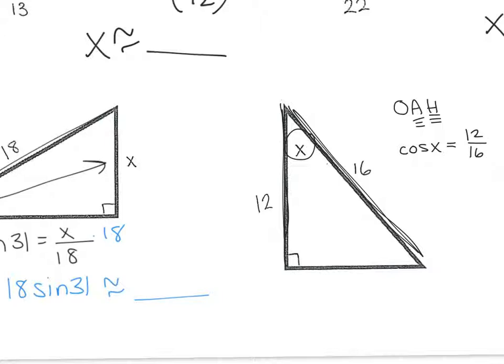So to find the angle measure, I do the cosine inverse of 12/16. Put it in my calculator and round to the nearest degree. All the answers to these are also online underneath the key of the PDF document, so you can see what the final answers are, since I don't have my calculator with me.